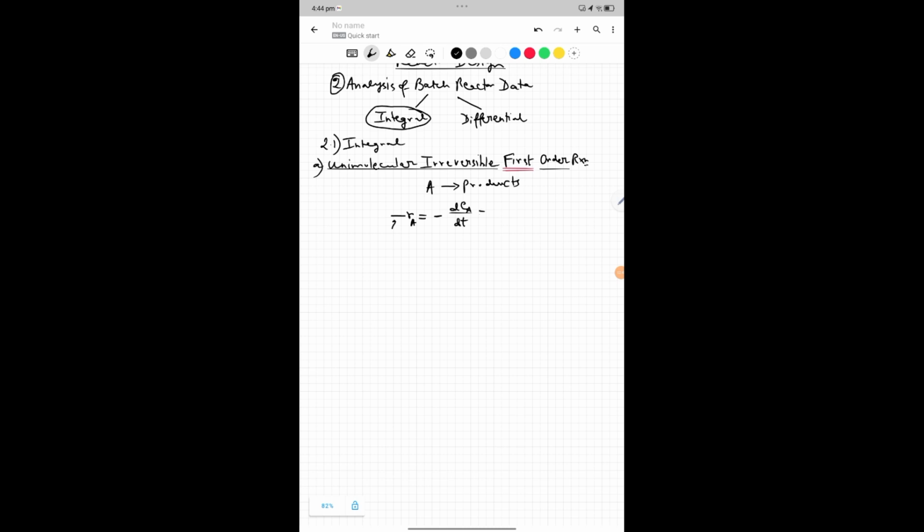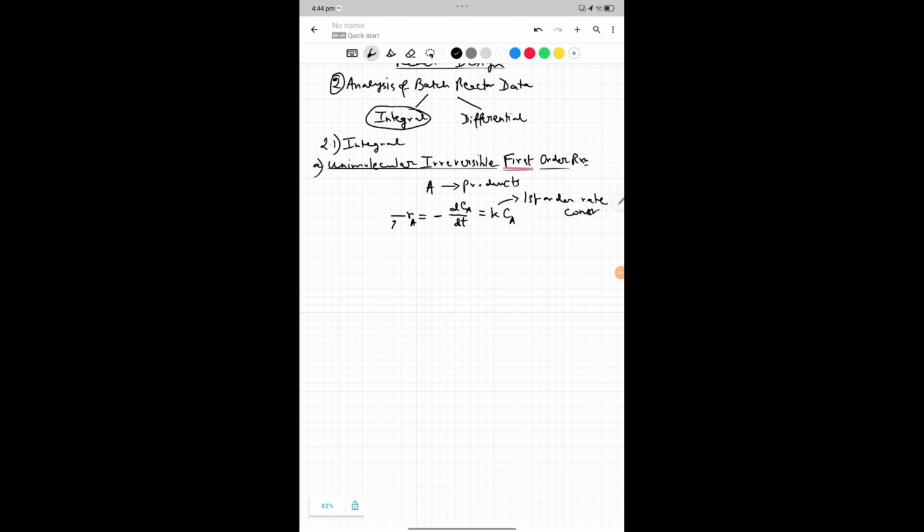Because it is a first order reaction, it's k into the molar concentration of the reactant, CA.